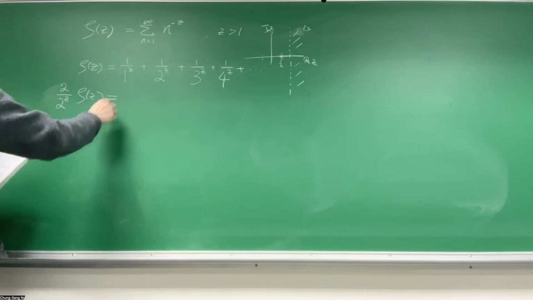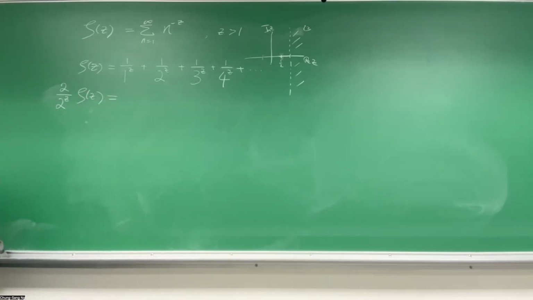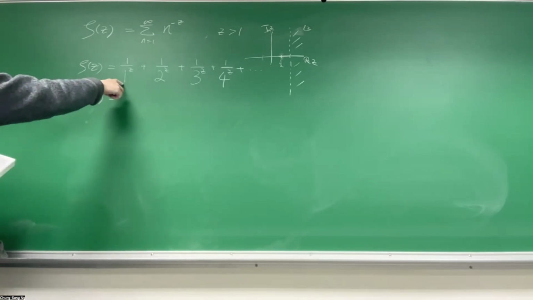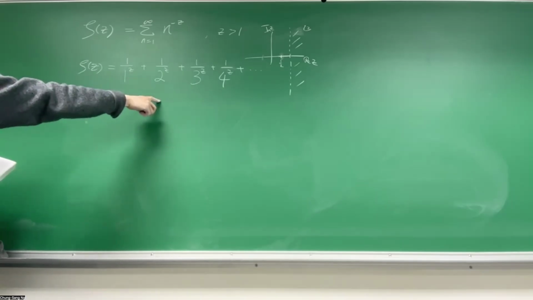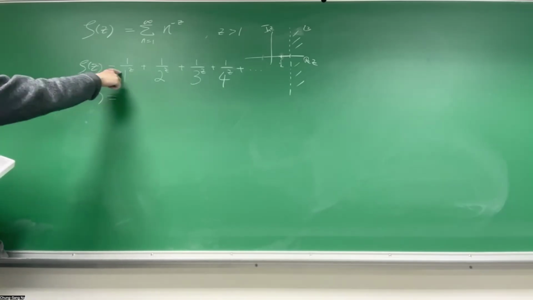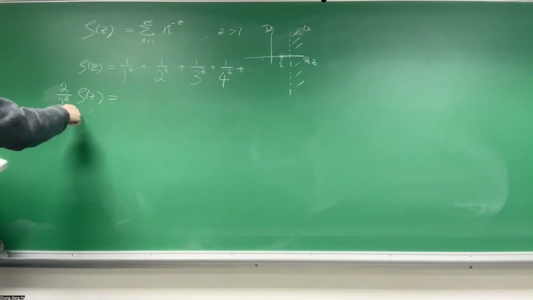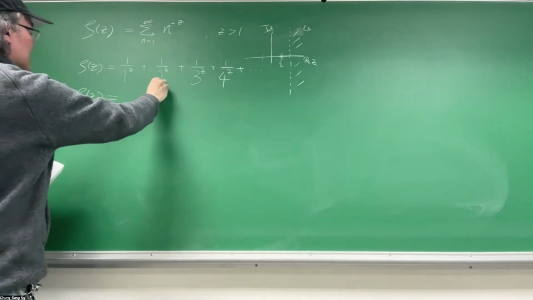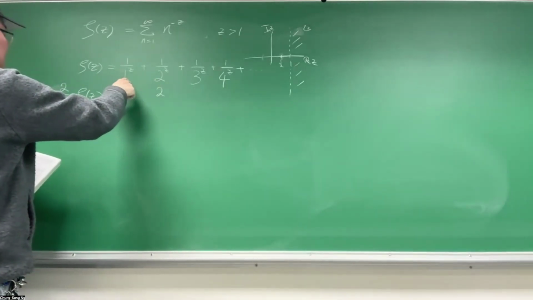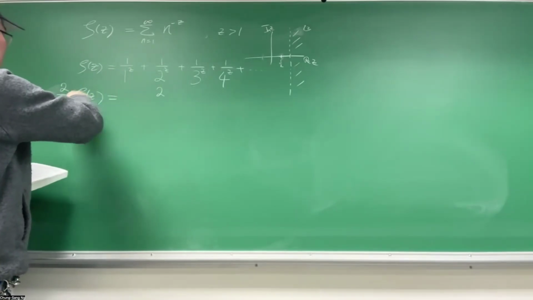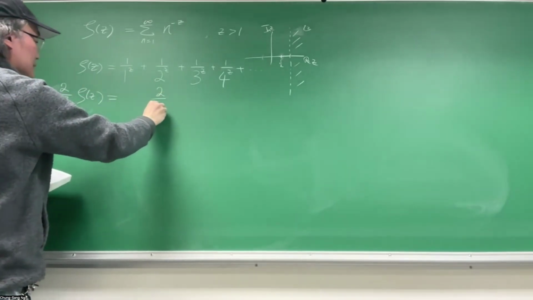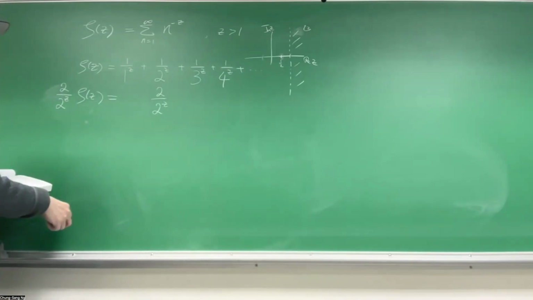The trick is we multiply by 2 to the z. We move this first term to the second slot instead of the first one. And then this is 1 times 2, which is 2 to the z.